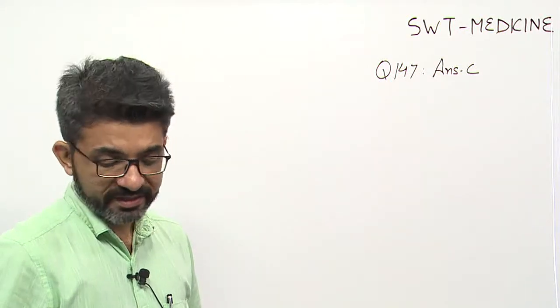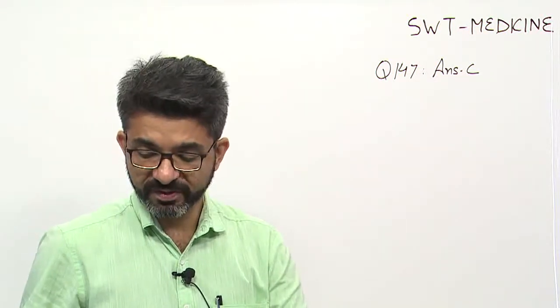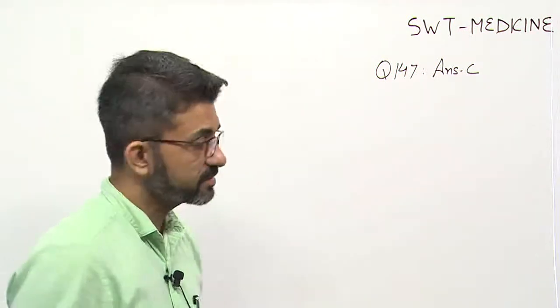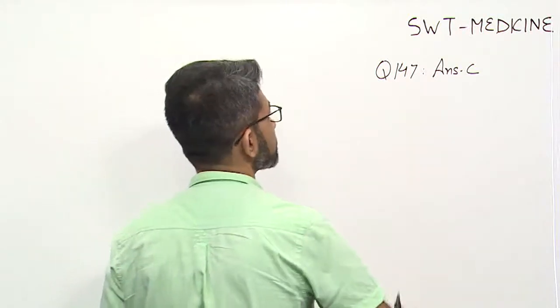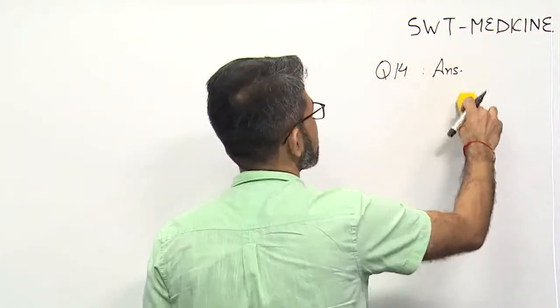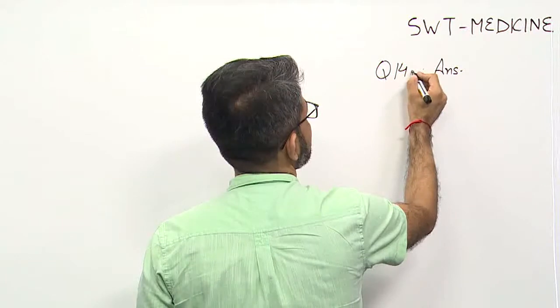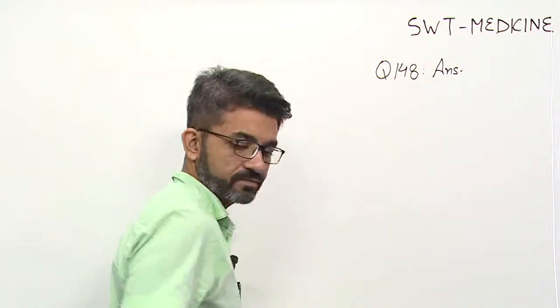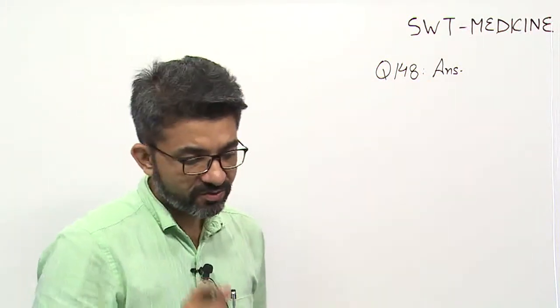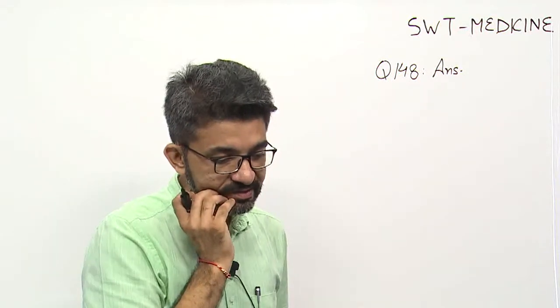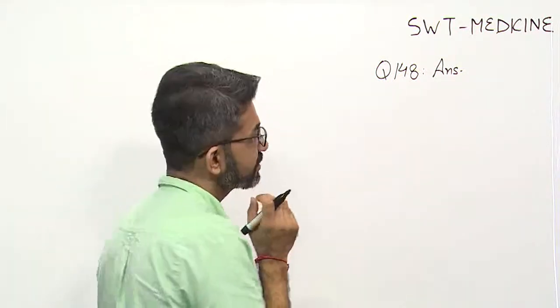Question number 148. Critical ischemia for peripheral artery disease, that is ankle brachial pressure index. See, normal ABPI is 0.9, less than 0.9.